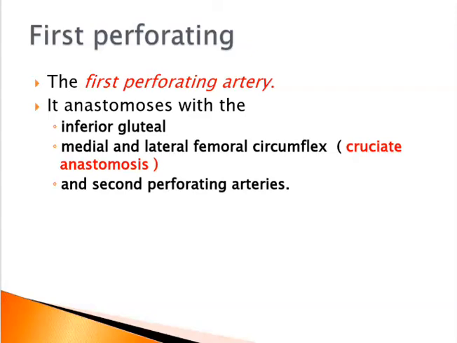The cruciate anastomosis is formed above by the inferior gluteal, below by the first perforating artery, and on either side in the middle by the medial and lateral femoral circumflex transverse branches. It will also anastomose below with the second perforating artery.